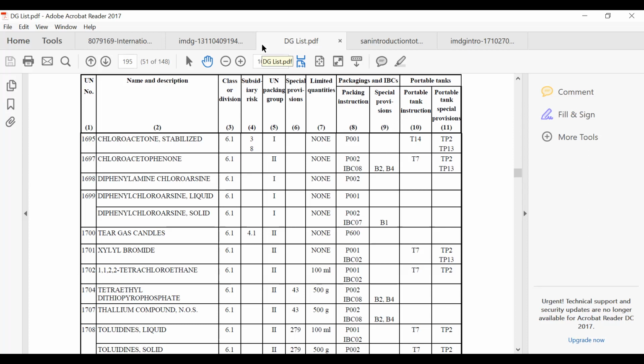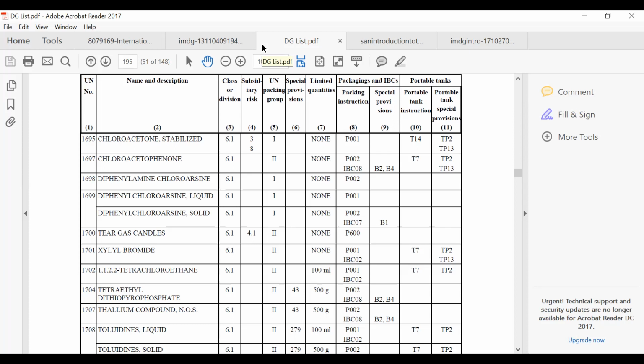Yes, 4.1. Can you see it? Not yet. It's inflammable solid. Flammable solid, correct? 4.1 inflammable solid. Thank you, sir.